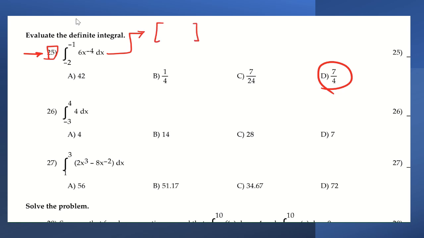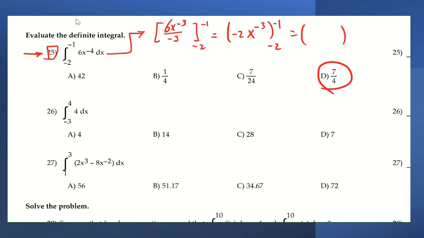So I'm going to add 1 to the power, so 6x to the power negative 4 plus 1, sorry, it's going to be 6x to the power negative 3 divided by the new power, which is negative 3, from negative 2 to negative 1. So it's equal to 6 divided by negative 3, which is negative 2x to the power negative 3 from negative 2 to negative 1.